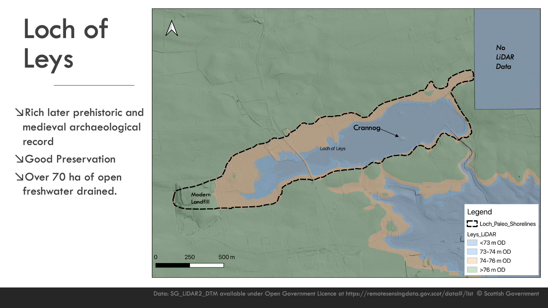Now, the preservation has remained good because despite the drain, the level of the water has remained high enough to keep those organic sediments preserved. So the Loch Lays is one of the better drained loch basins within Deeside for preservation.